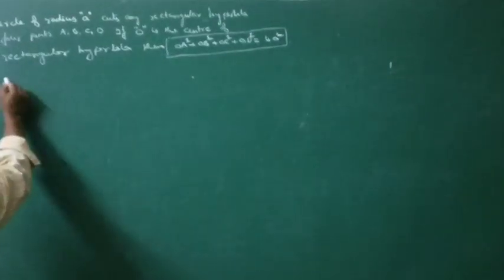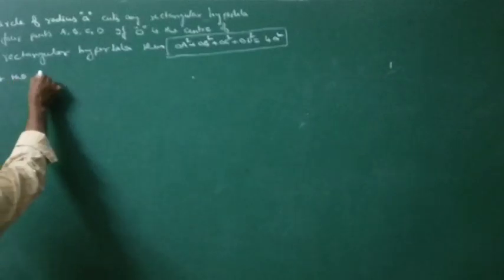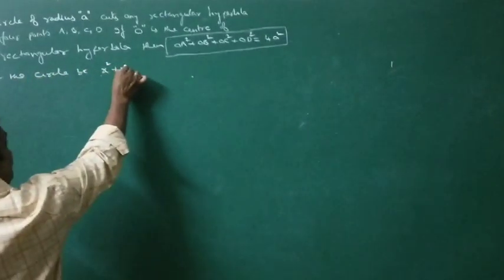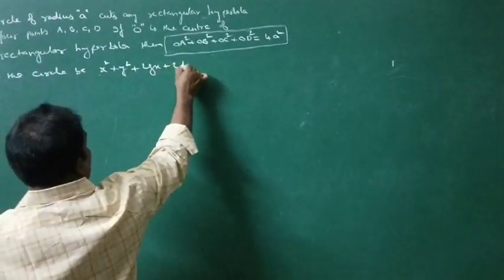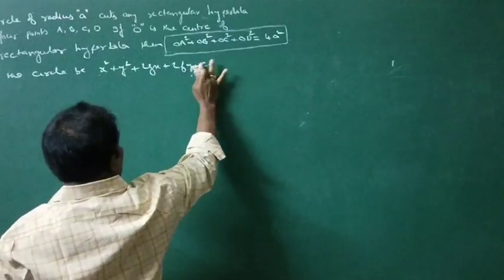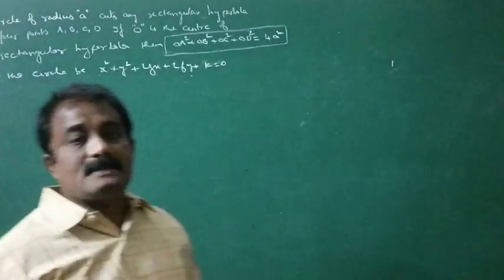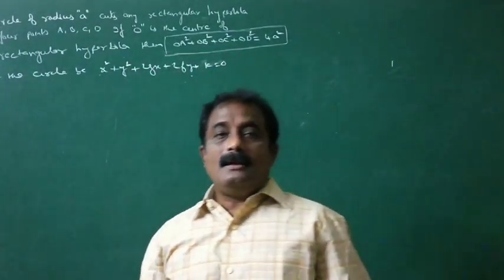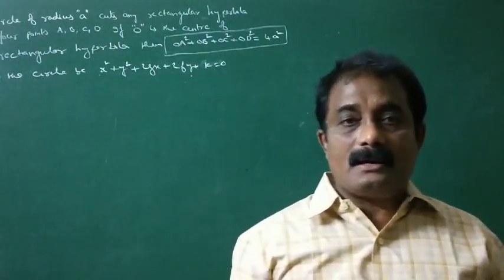Now listen carefully. Let the circle be x square plus y square plus 2gx plus 2fy plus k equal to 0. Generally, we are taking in the standard form the constant as c. But here in the rectangular hyperbola, we are taking the equation as xy equal to c square.